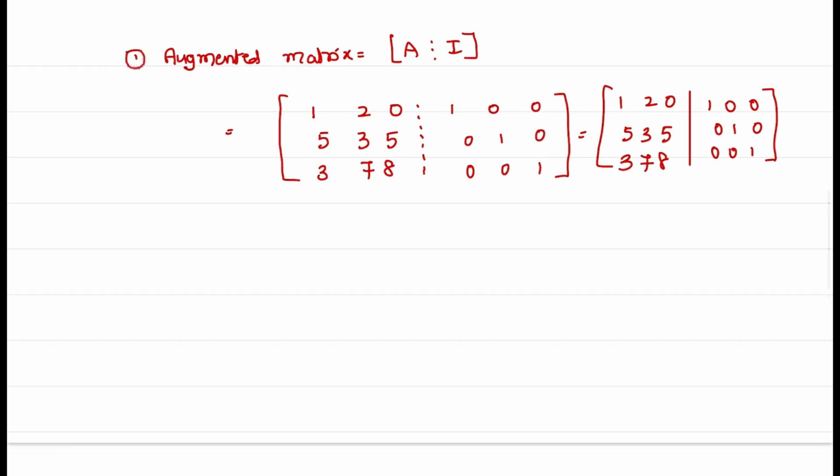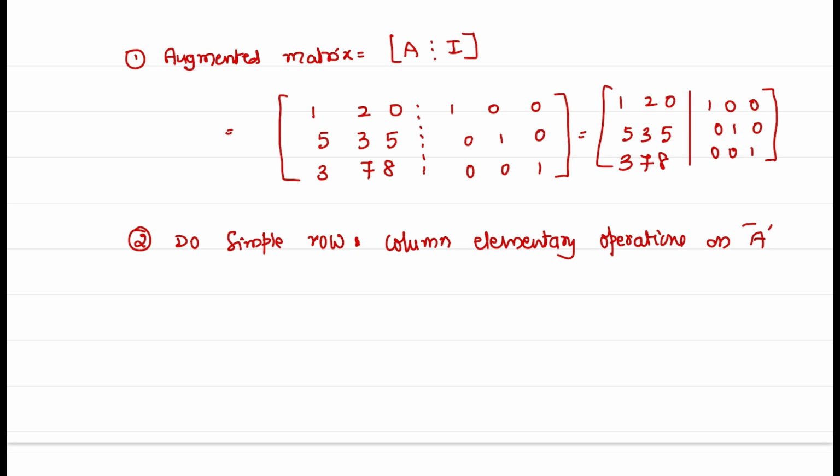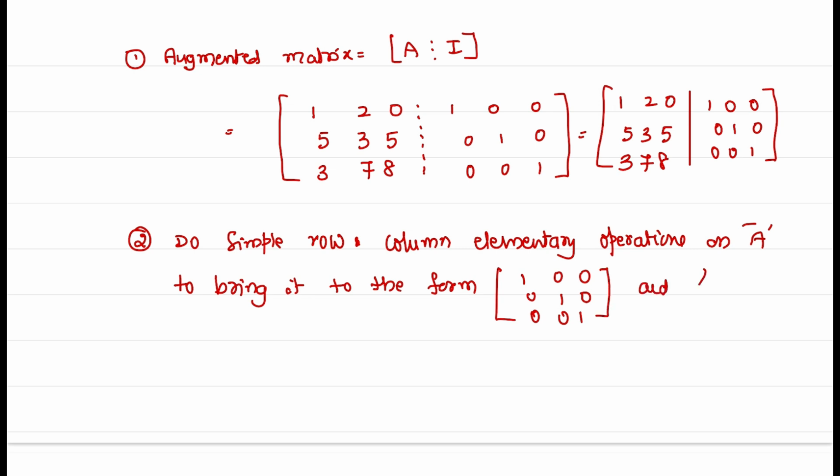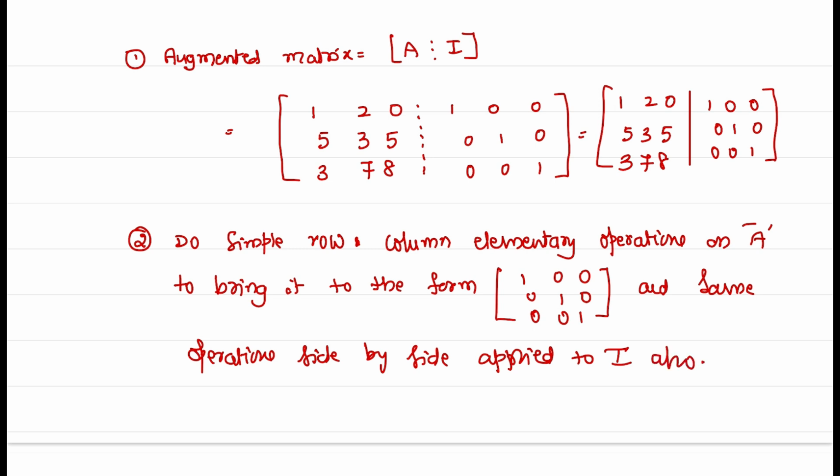After writing the augmented matrix, do simple row and column elementary operations on A, the original matrix, to bring it to the form: A should be brought to this form, 1, 0, 0, 0, 1, 0, 0, 0, 1, and the same operations applied side by side to the identity matrix, or unit matrix, also.